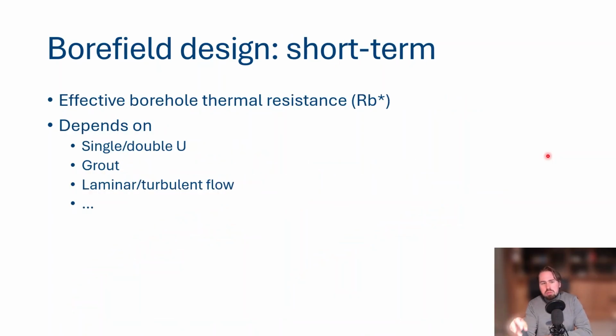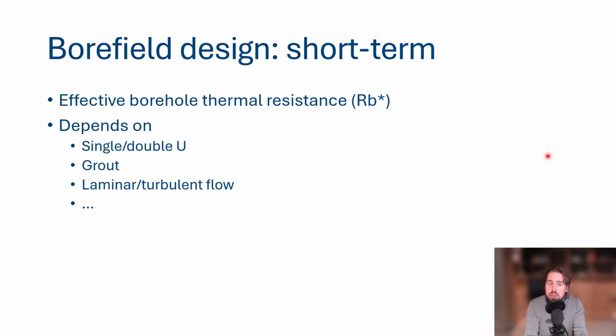Now for the short-term effect, we were talking about the effective borehole thermal resistance, which tells us something about how good the borehole can exchange energy with the ground around it. And this depends on the single or the W tube, which grout you have, whether you have a laminar or turbulent flow, quite a lot of parameters.